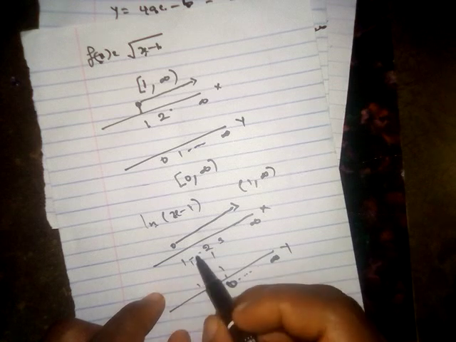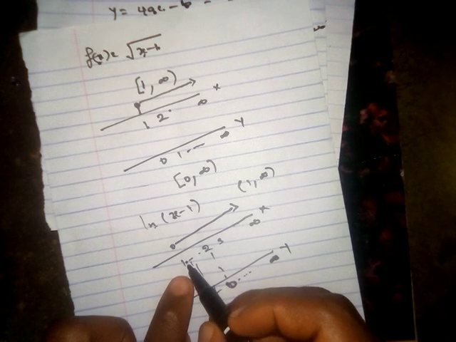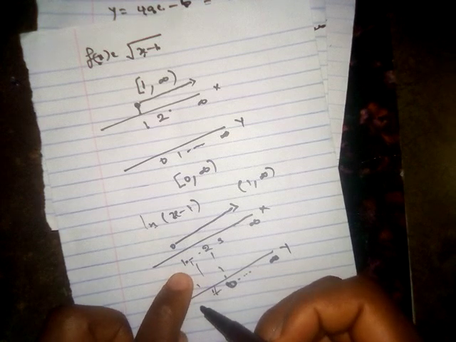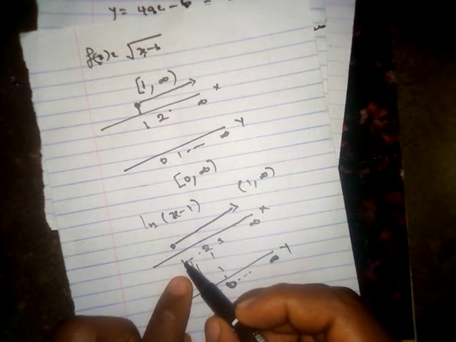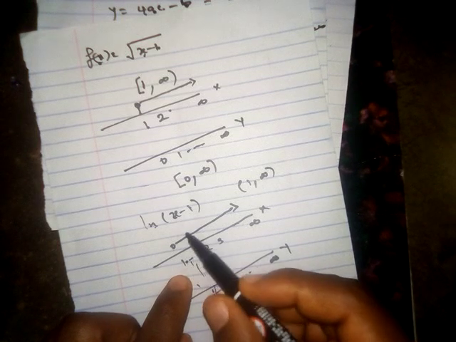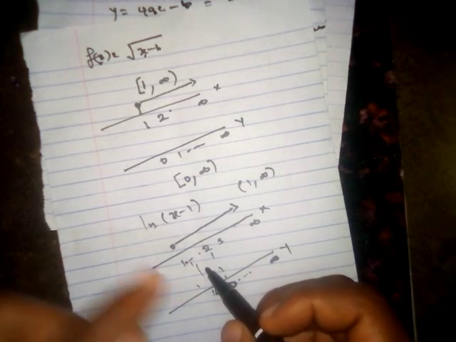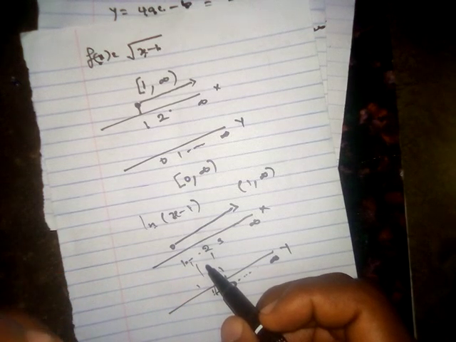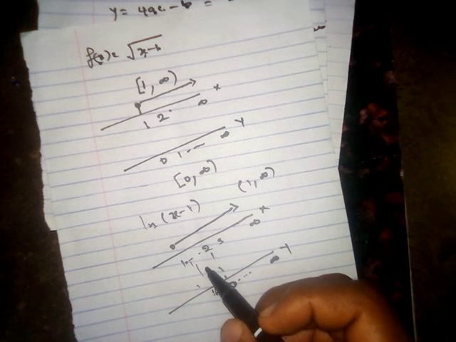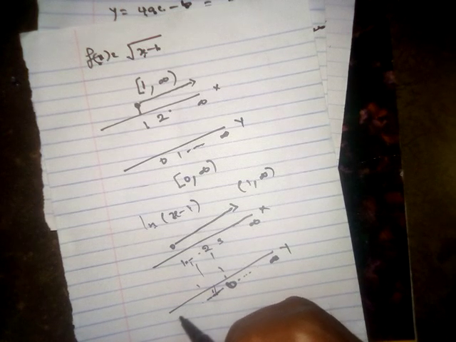Now observe a number closer to 1, let us say 1.00001 is very close to 1. If you subtract 1, you have 0.00001. Now do the ln of it, and you observe that the number keeps increasing negatively.